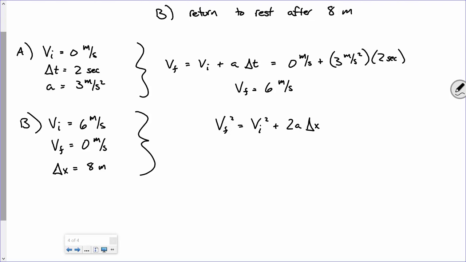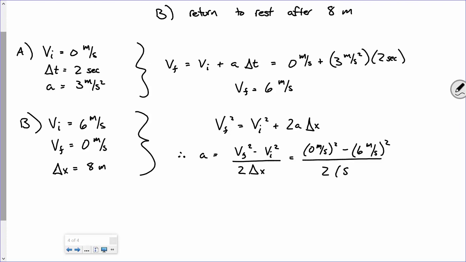So if I solve for A, I have VF squared minus VI squared over 2 delta X. So 0 meters per second squared minus 6 meters per second squared over 2 times 8 meters.